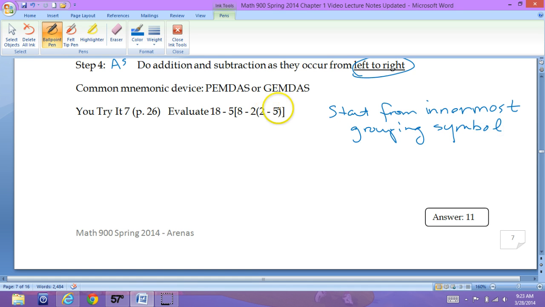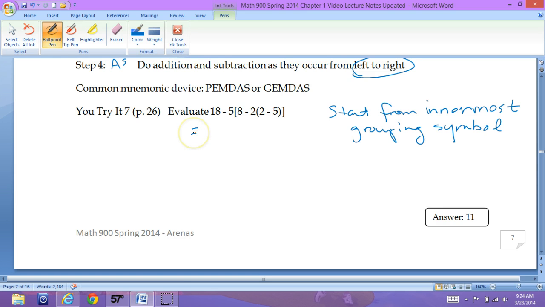So the innermost is here. Now, I have a tendency to want to rewrite everything until I'm done. Students like to skip and then they get lost. So you have to find what really works for you. And I don't mean what works for you time-wise because you're in a hurry to get something done. I mean what's going to work for you on quizzes and exams and homework. More importantly, quizzes and exams, really.